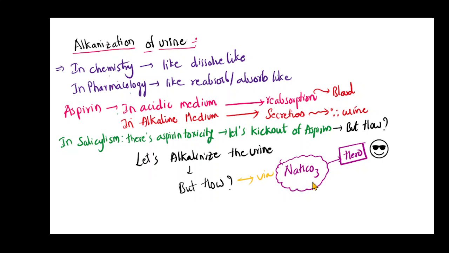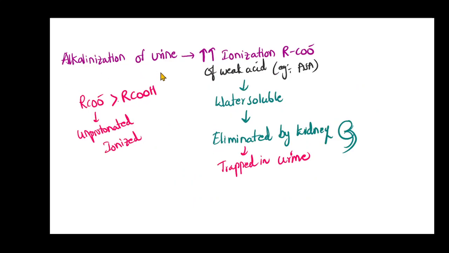It causes alkalinity, so more drug will be ionized and lost in urine. So NaHCO3 is the hero. In alkalinization of urine, aspirin, RCOOH, a weak acid, would be more ionized and water soluble, so it can be eliminated by the kidney. We can say that it is trapped in urine. That is how we can reduce the toxicity of aspirin.